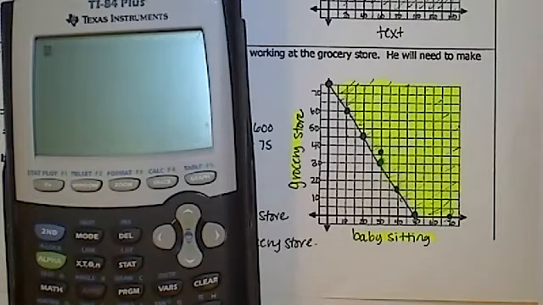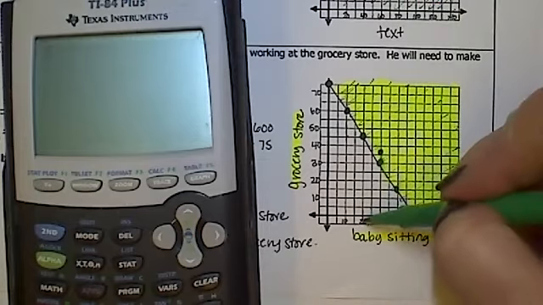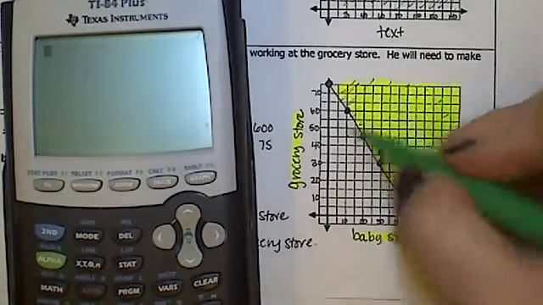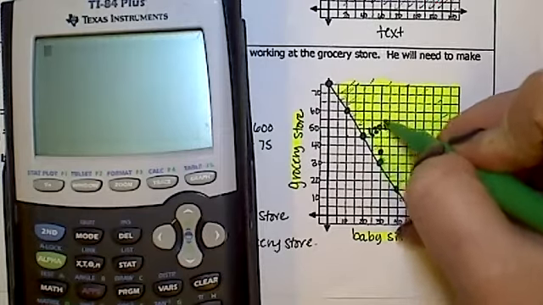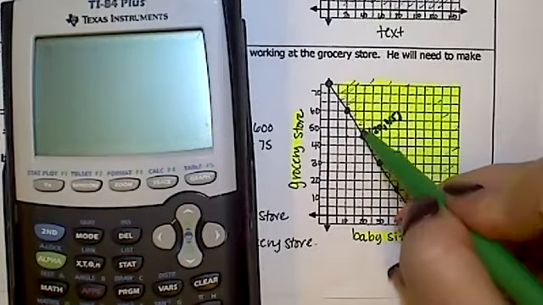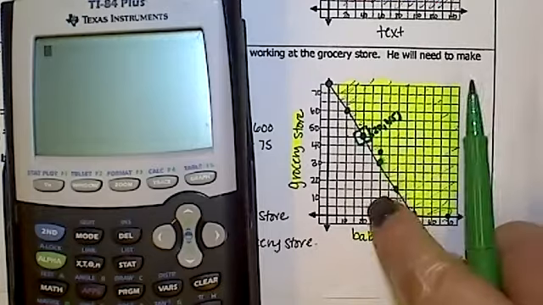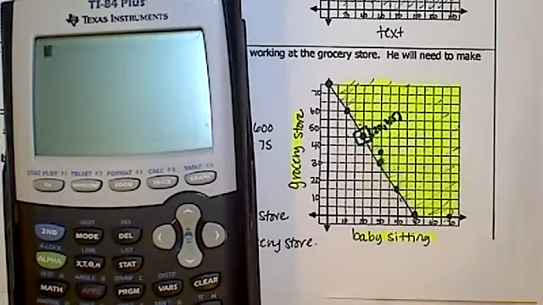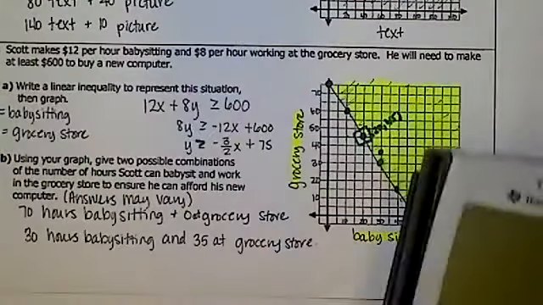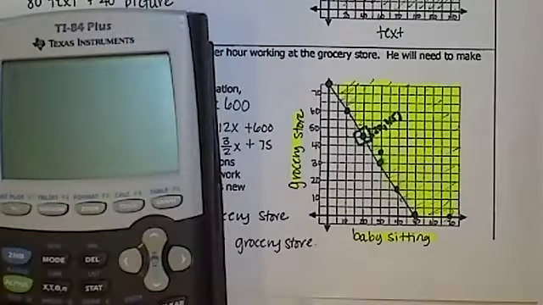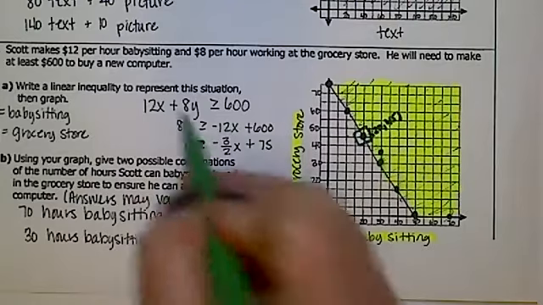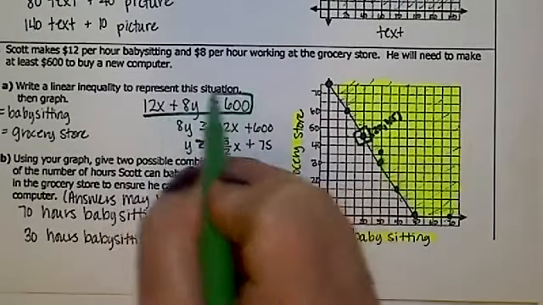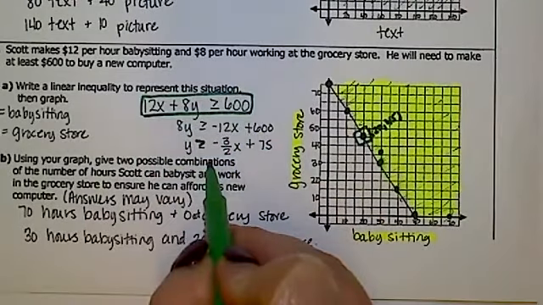Now let's say that we pick something on the line. So if I went to 20 and 45, I think that point's on the line right here. So 20 and 45. So if I type that in, I would put the 45 for Y, or I could go back to the original one. It's up to you.